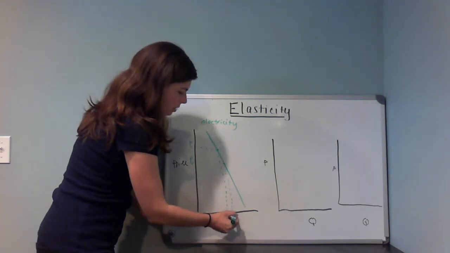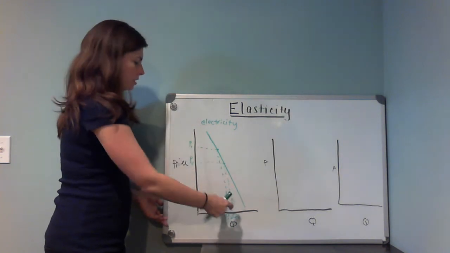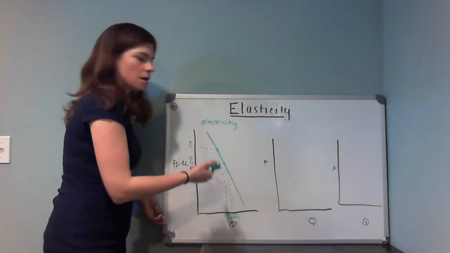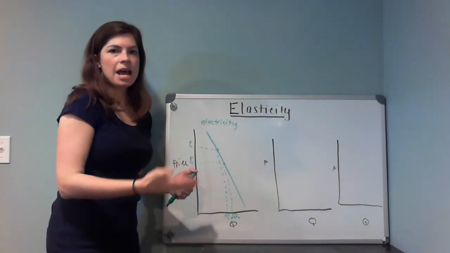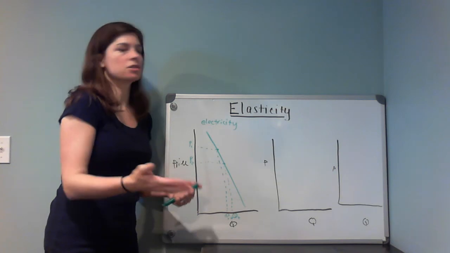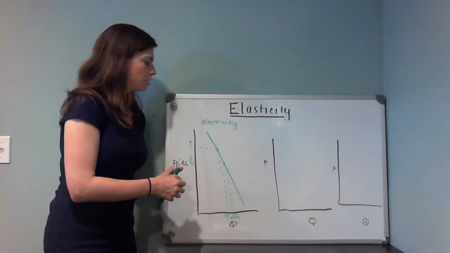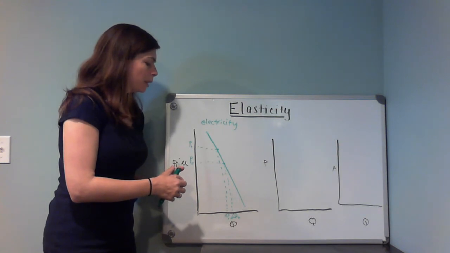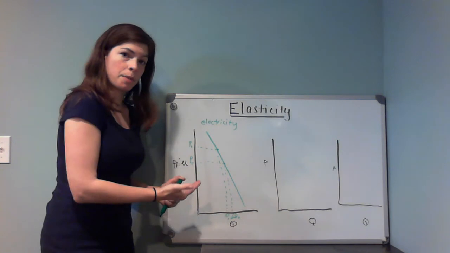The quantity only increased by a small amount, graphically, relative to the price. So electricity is one of those things where you have how much you need, and that's pretty much how much you use. You might use a little bit more, be a little bit more frivolous with electricity if you know that it's less expensive than it was before. But you're basically going to stay right around the same quantity regardless of the price.